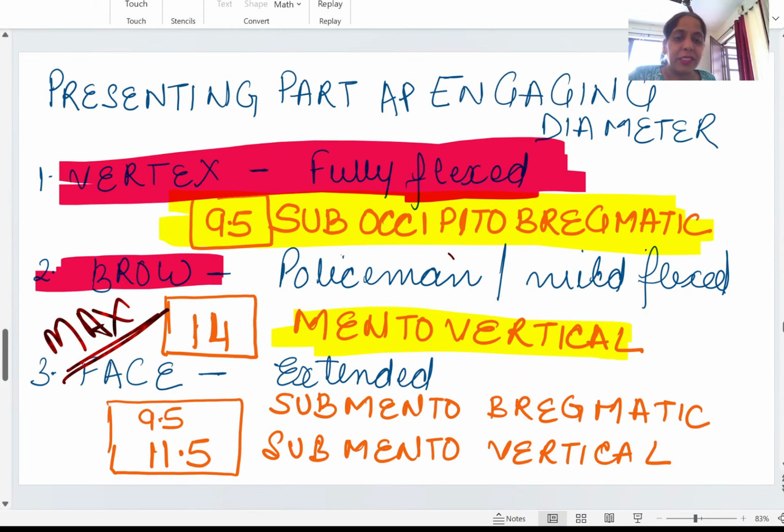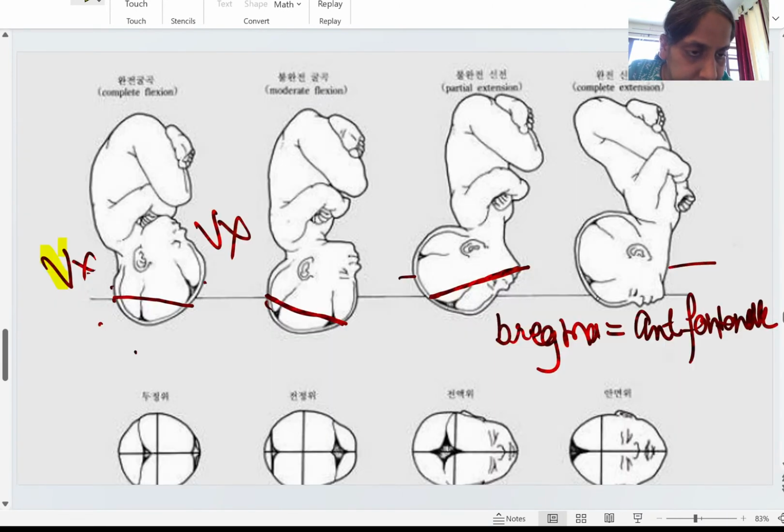In the face or extended position, the diameter is again 9.5 submento-bregmatic. In the face presentation, it is again 9.5 submento-bregmatic.